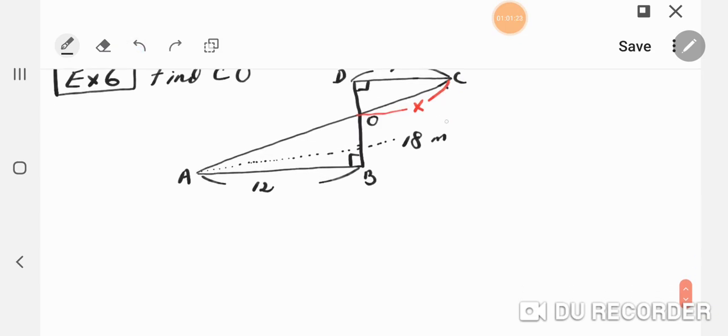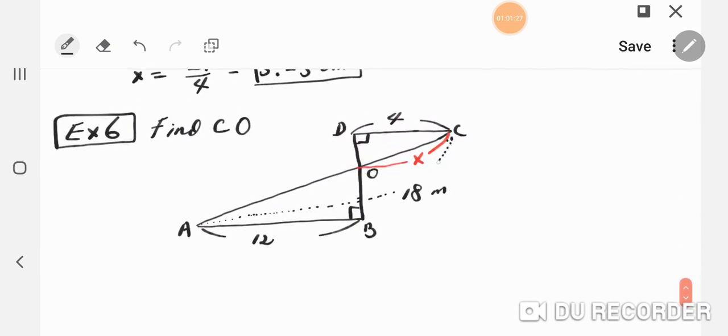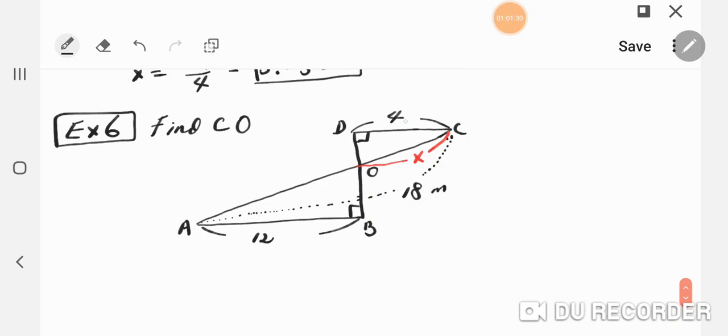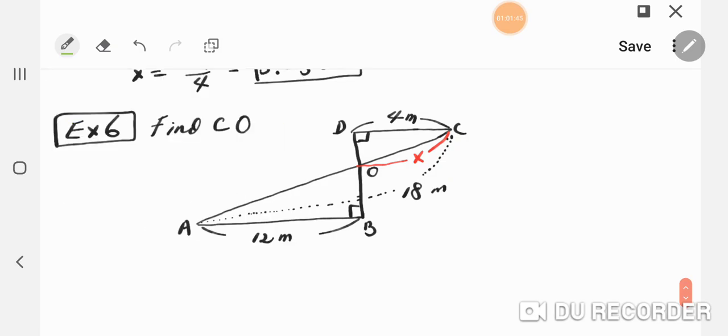Let's use a dotted line. This is 18 meters. And DC is 4 meters and 12 meters. So let's find the length of AC. We have two triangles, and let's check if this is a similar triangle. The smaller triangle is similar because this is a vertical angle.